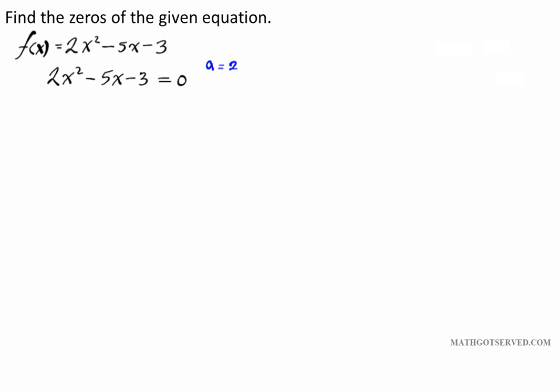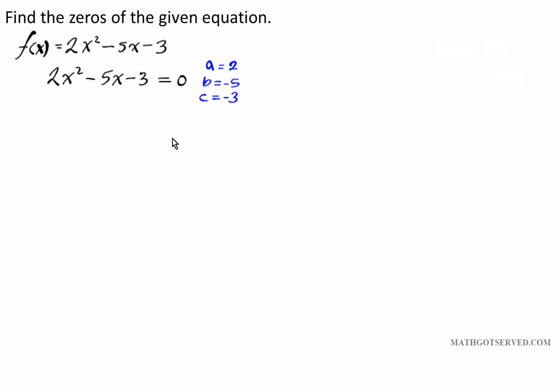So A is 2, B is -5, and C is -3. To determine this, you simply look at the coefficient of the term with the highest degree, x squared, that's A, and then B is the coefficient of x, which is -5, and the constant is C.